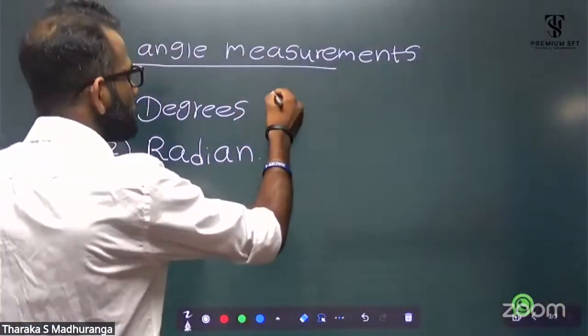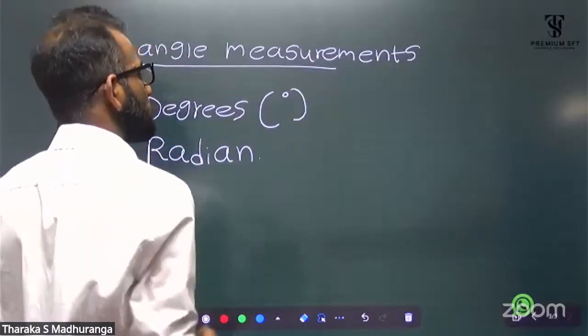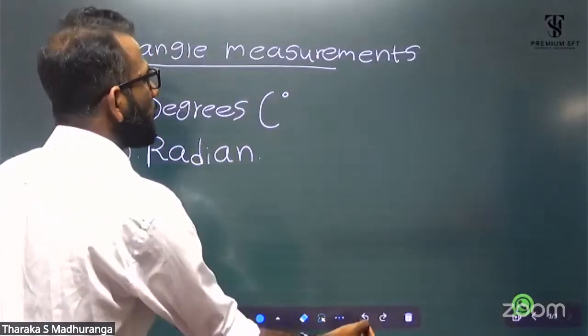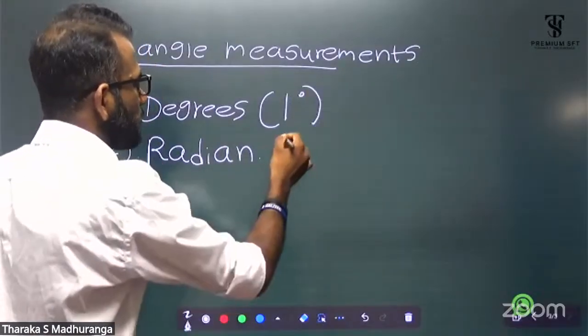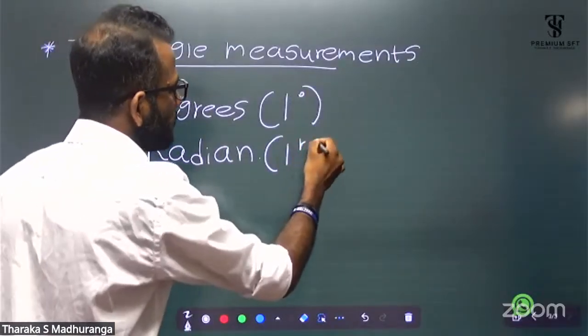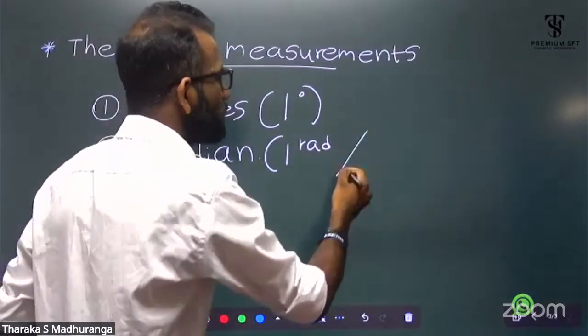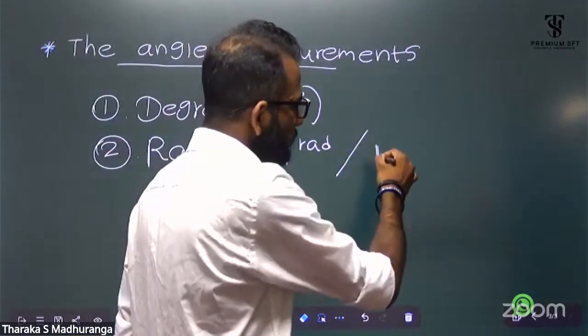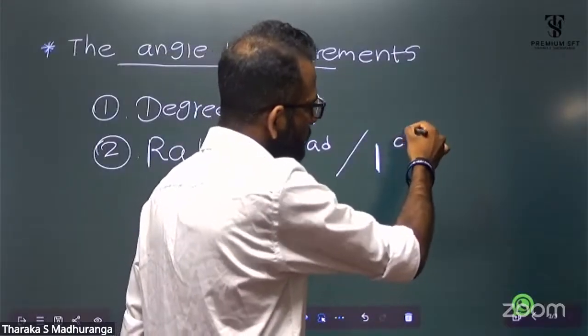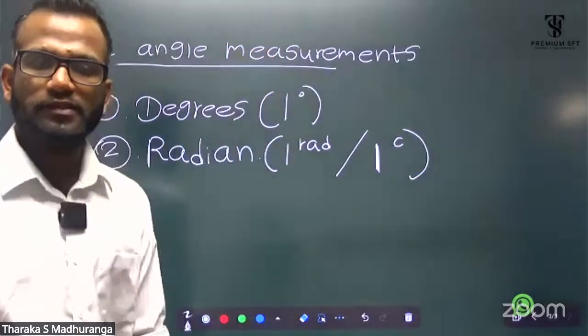Degrees, this is the symbol. As an example, 1 degree, like this. 1 radian, 1 rad, or we can write 1 radian like this, with a small c. That c we consider as radian.